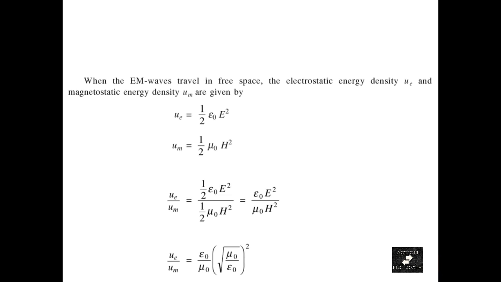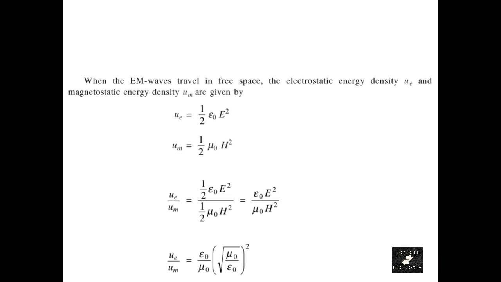When electromagnetic waves travel in free space, we have both electrostatic energy density as well as magnetostatic energy density associated with that wave. Let me denote the electrostatic energy density as UE and magnetostatic energy density as UM.